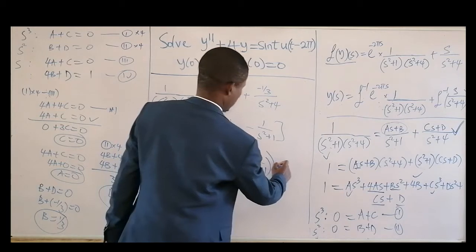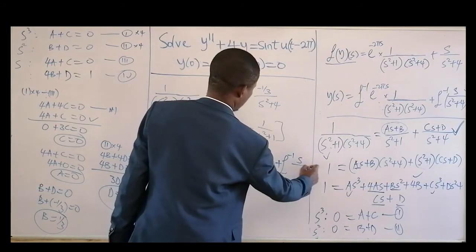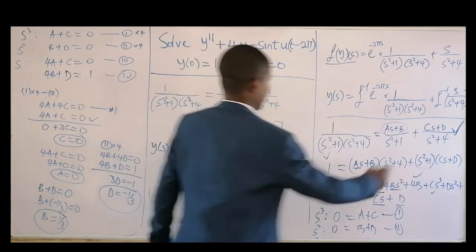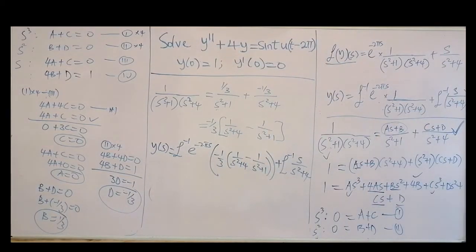So then plus inverse of x over s squared plus 4, the last part here. Put that there.